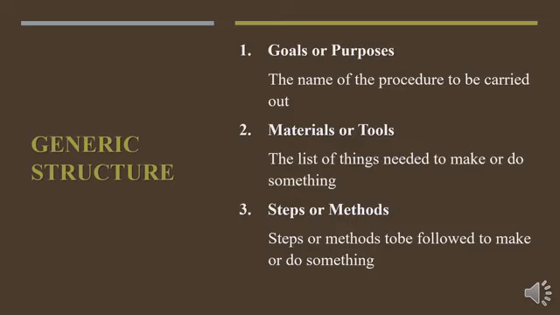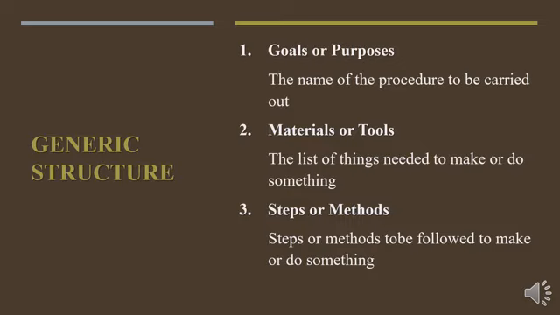Nah, bagian pertama dari sebuah teks procedure itu disebut dengan goals ataupun purposes. What is it? It is the name of the procedure to be carried out. Dalam goals ataupun purposes itu dituliskan nama dari prosedur yang akan dikerjakan ataupun dilaksanakan. Okay, this is the first part of procedure text.